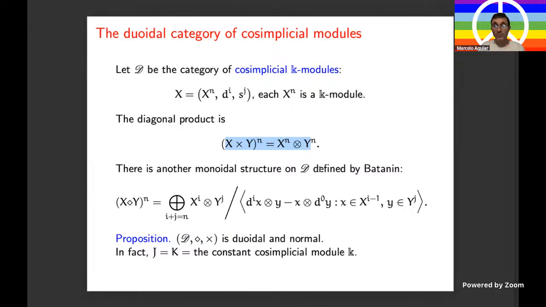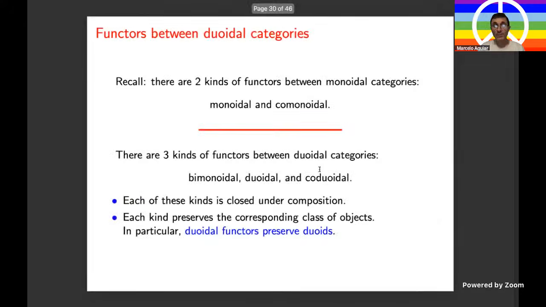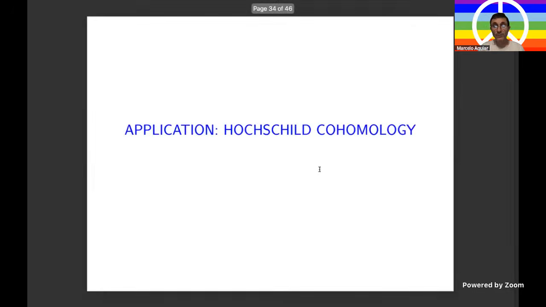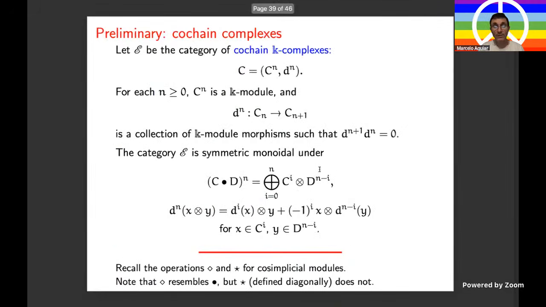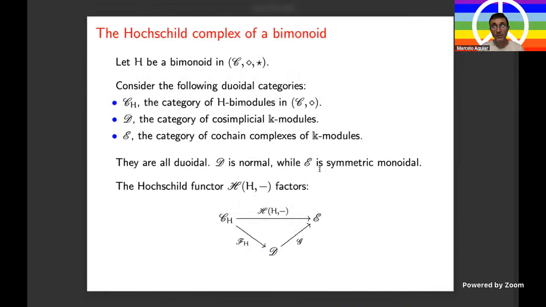Yes, I don't. So in the application, what we have is a little bit of the opposite. I went over this too fast, but maybe you give me a chance to show this. This is the category of bimodules, and this is an honest duoidal category. This is the category of cosimplicial modules, and this is normal.